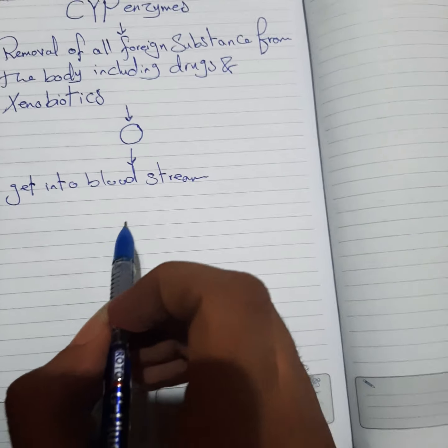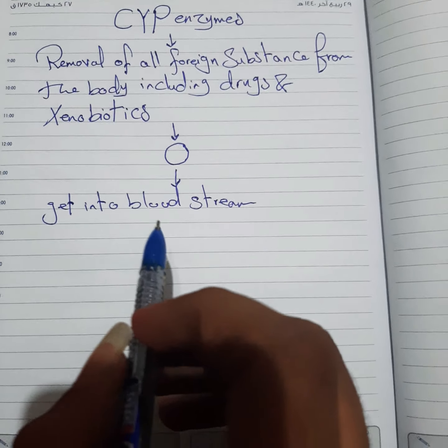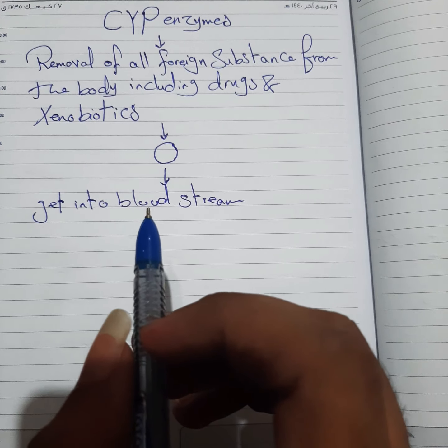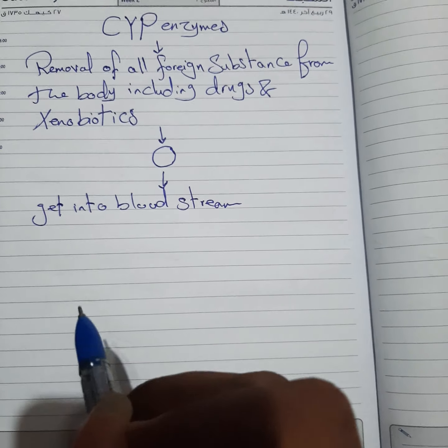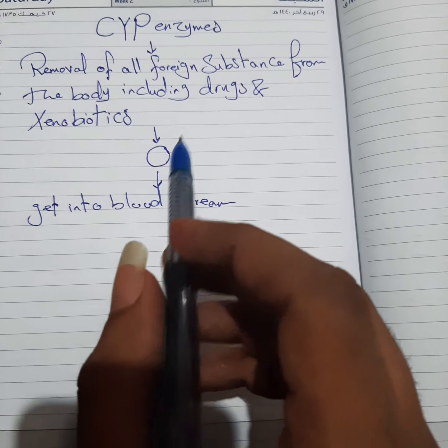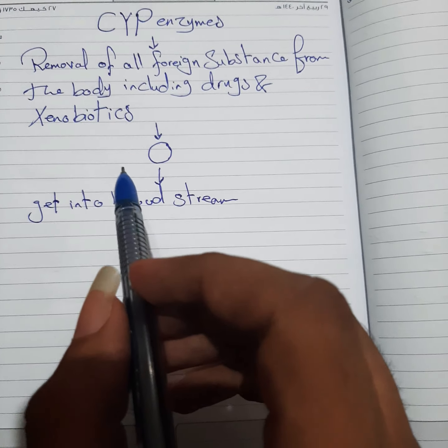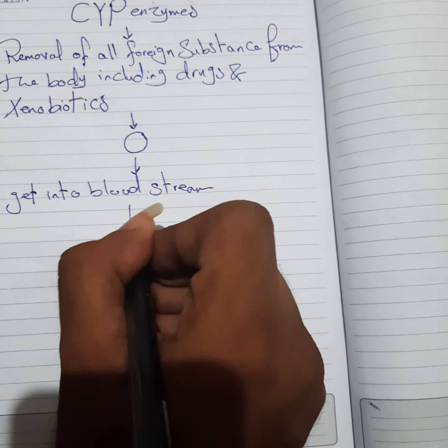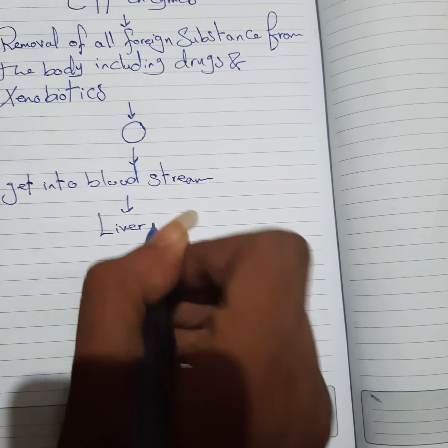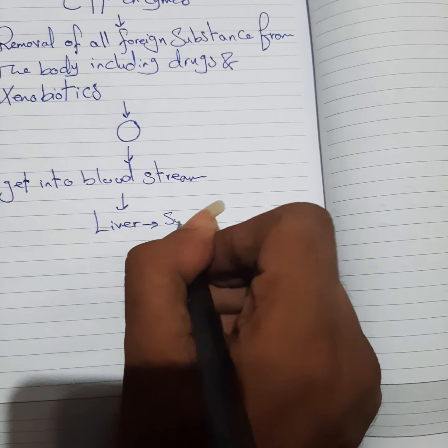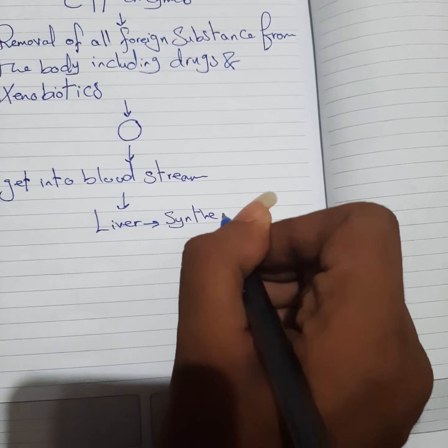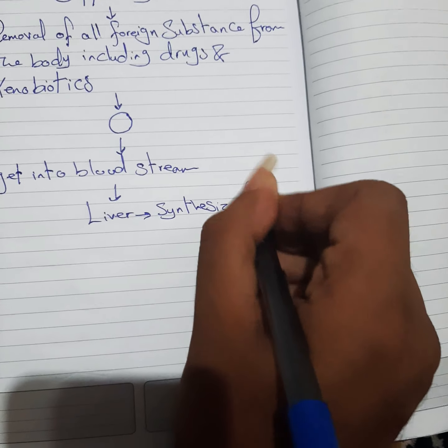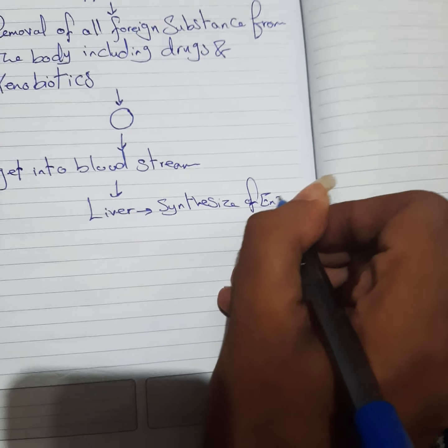When the drug reaches the bloodstream, it passes through the liver, and in the liver the synthesis of these enzymes begins. Synthesis of enzymes.